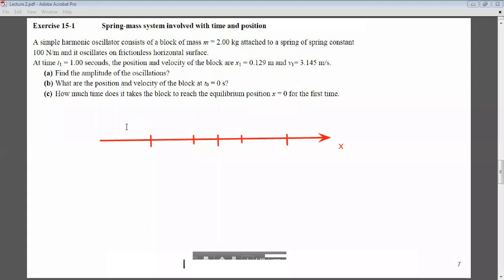This is x equals minus 0.463. We have x equals 0. We have x equals A equals 0.463. Over here, sorry, x equals minus A.